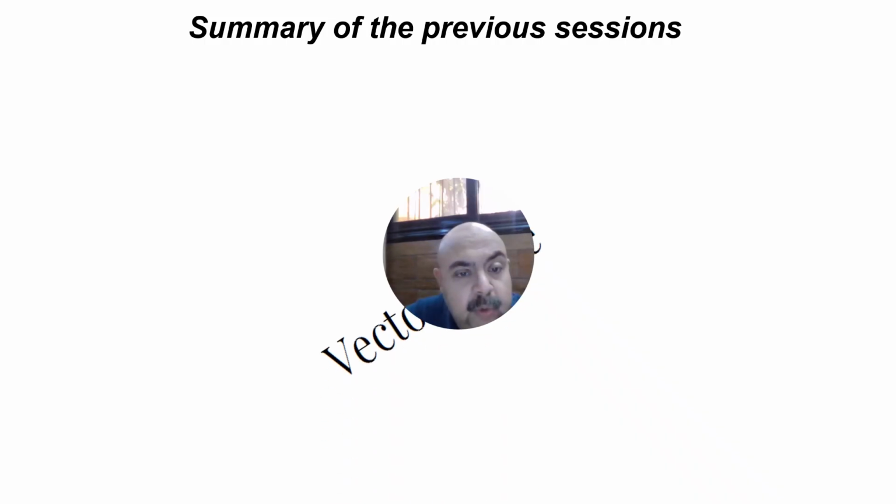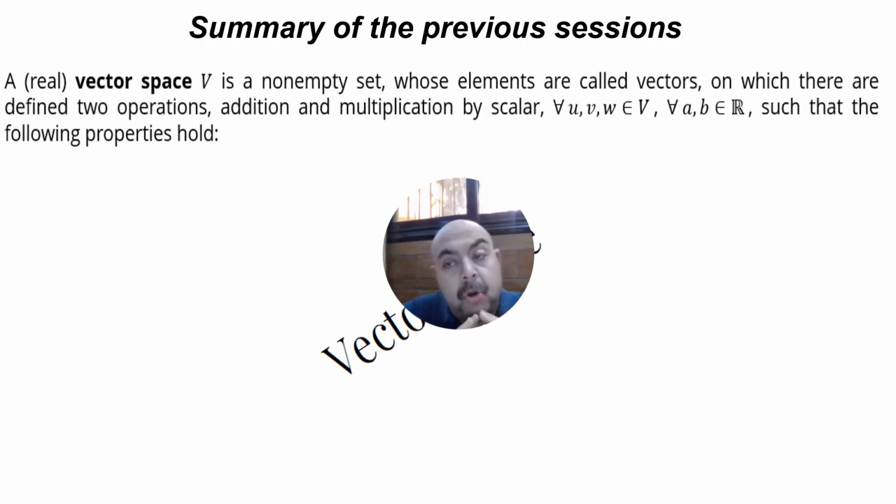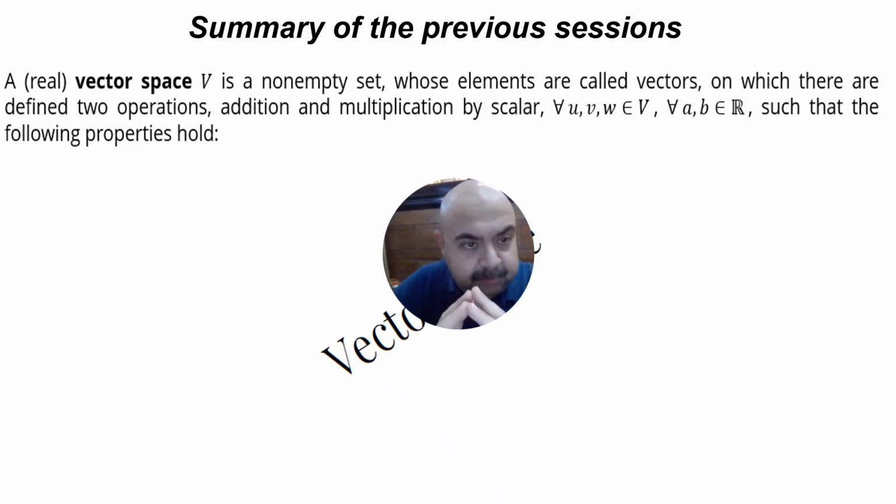I will start with the beginning of a vector space, and we already had this in the previous session. Once more, for all of you, I know some of you are usually confused about vector space. A vector space is a collection. It's a non-empty set of vectors or objects.